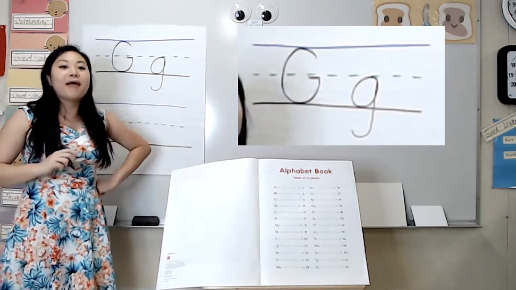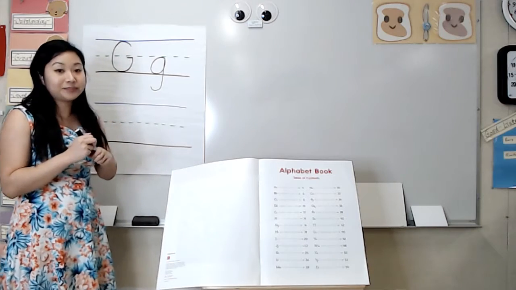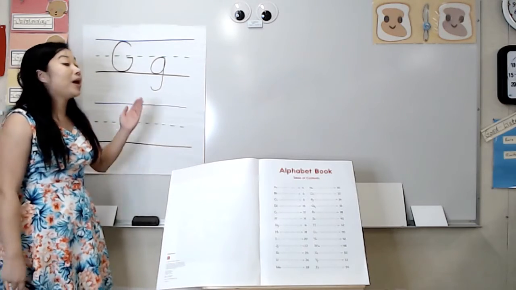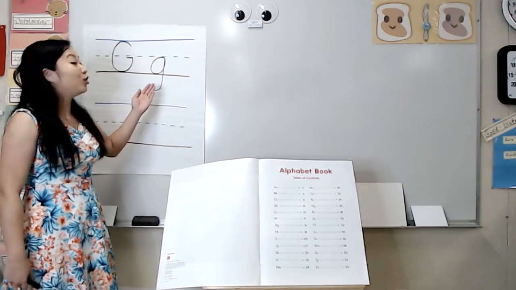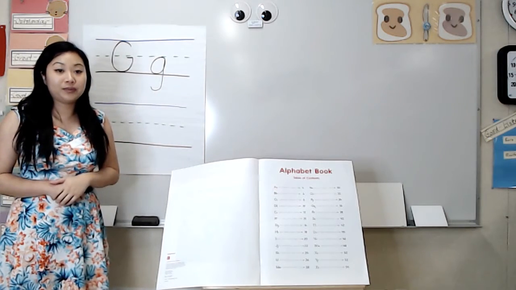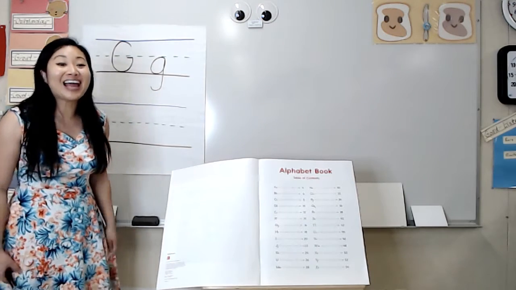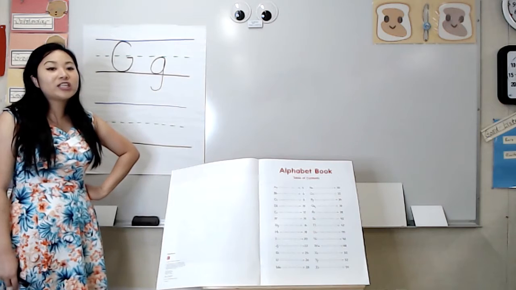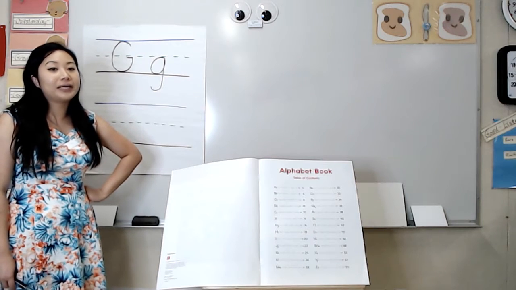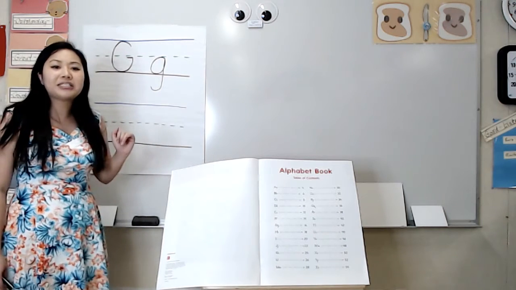Now, my friends, this is the letter G. What do you notice about uppercase G, like Miss G, and lowercase g? You're right, uppercase G is a lot bigger. And when I look at the shape of uppercase G and lowercase g, they're a little bit different.